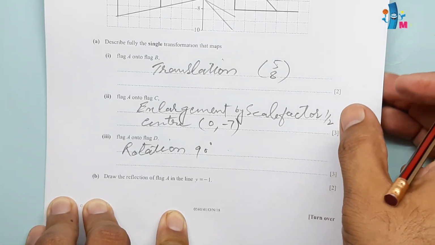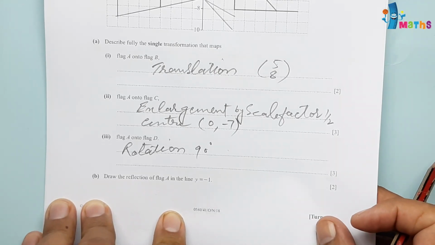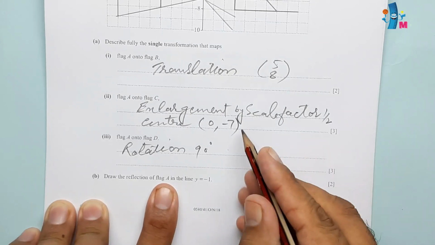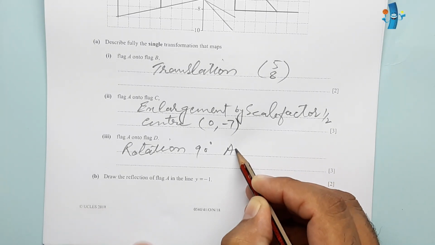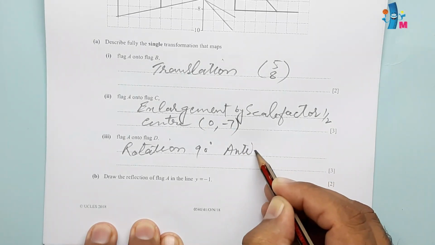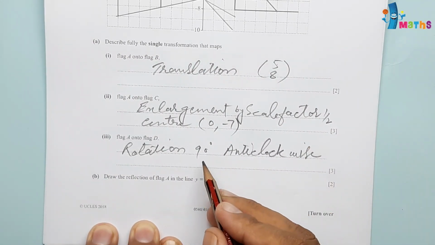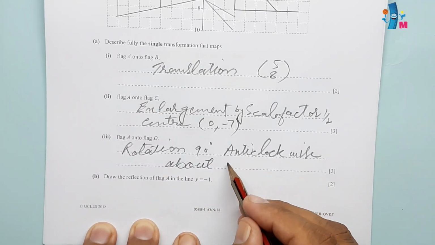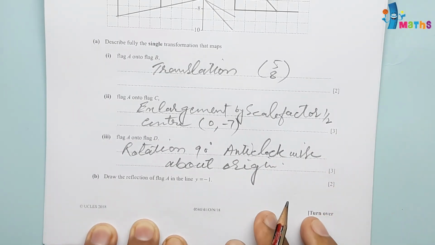Basically we have moved from A onto D, so this will be anti-clockwise, and about origin, because we have to give the center of rotation also. So about origin like this.